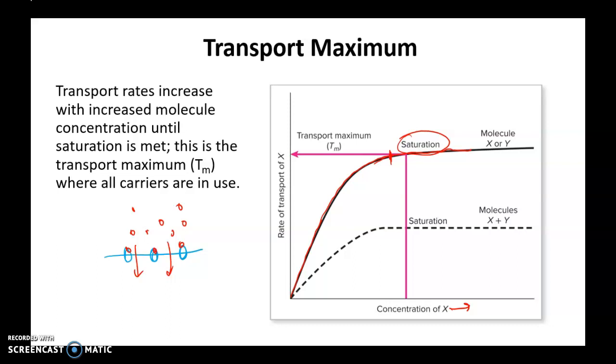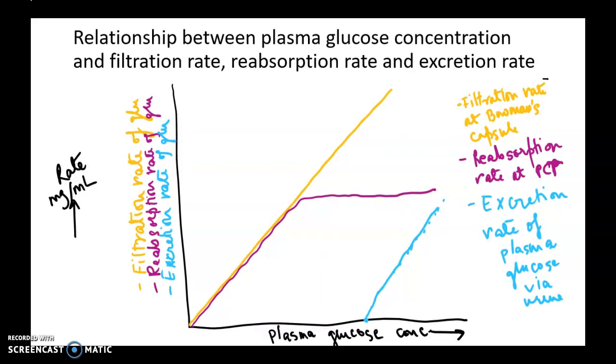We will apply the same concept and see whether glucose concentration affects its transportation across the membrane. So we are going to look at the relationship between the plasma glucose concentration, which is plotted on the x-axis, and how the plasma glucose concentration affects the filtration rate, the reabsorption rate, and the excretion rate of glucose.